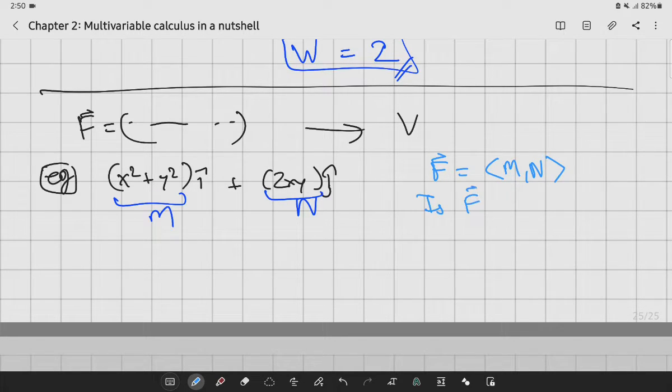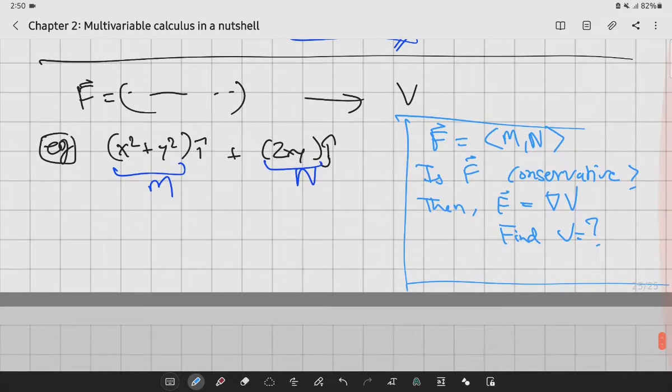Is F conservative? If so, then find F equals gradient of phi. You know what, let's choose this as V, for potential. Okay, so find V. What is V? This is your question.